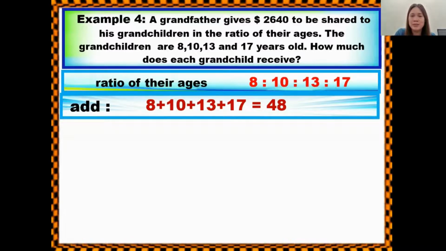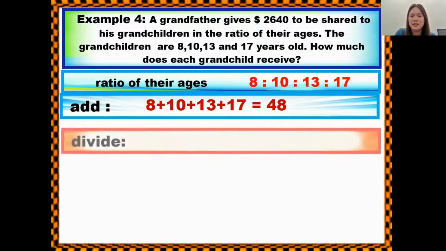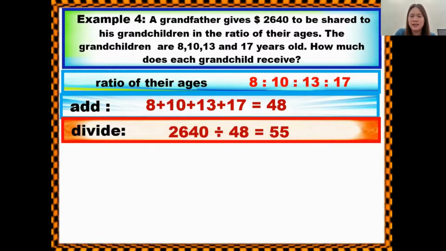We are going to divide it by 48 to get one part of the share. So 2,640 divided by 48, we will be getting an answer which is 55. So you can do long or short division for this.